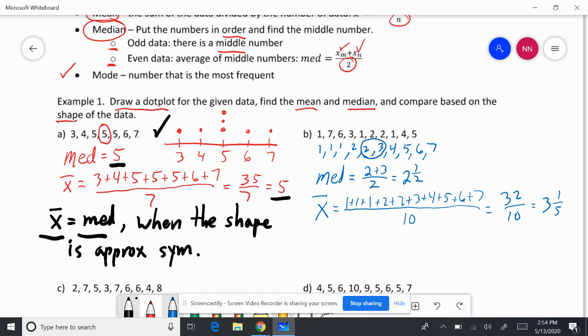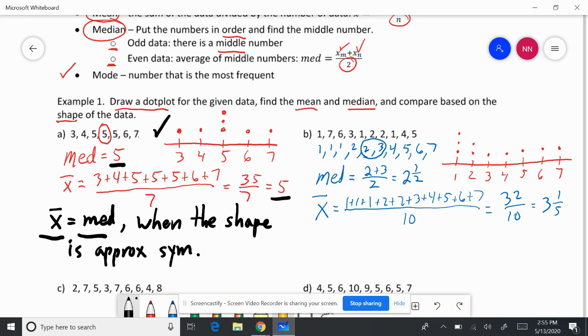Now let's look at our dot plot. We're going to start with 1, and we're going to end with 7. If you're looking at it, we have 3 1s, we have 2 2s, we have a 3, 4, a 5, a 6, and a 7.